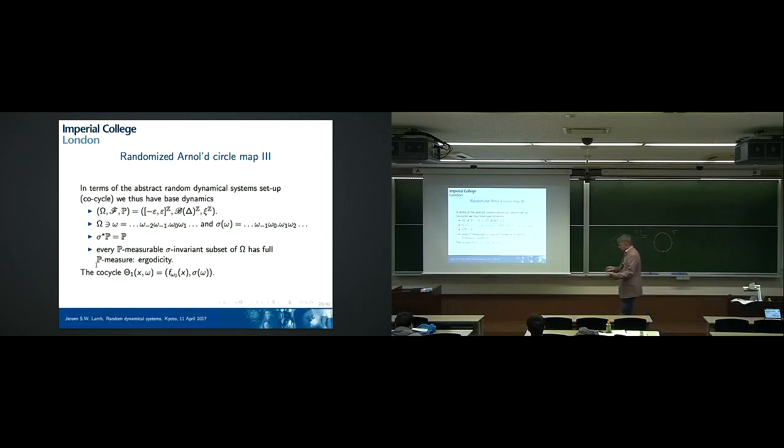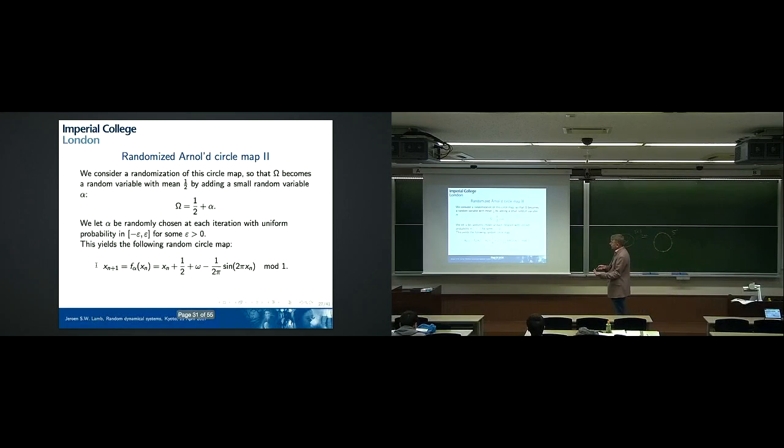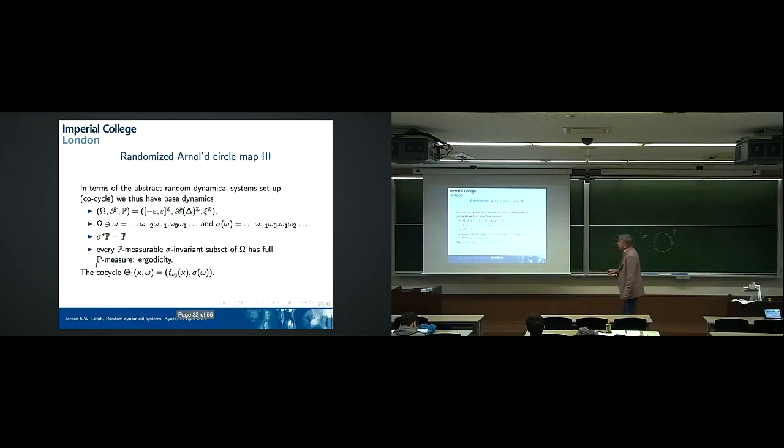Okay, so what is the abstract concept of this map compared to what I just said in the hour before? That we basically have the noise space, which is the interval minus epsilon to epsilon to the power Z, because at each point we can choose such a noise level.